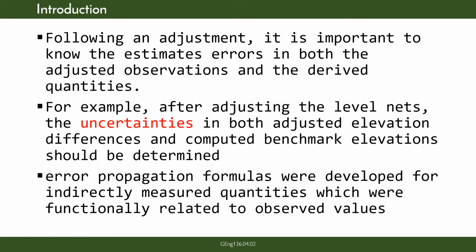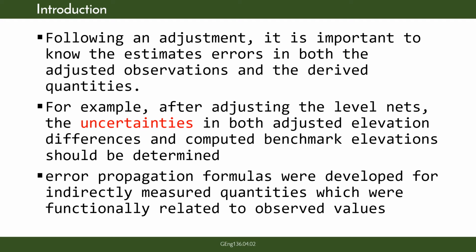So error propagation formulas were developed for indirectly measured quantities which are functionally related to observed values. So in your previous course, before the geodetic computation and adjustment, of course, you have your theory of errors. That is where the error propagation of certain measurements is discussed.